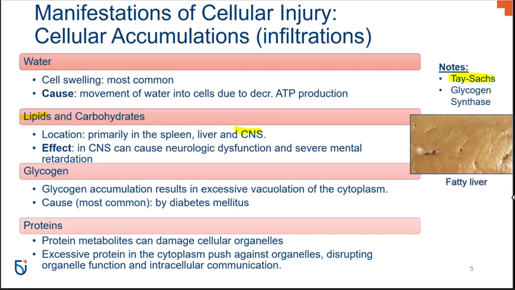People that have this condition, they lack a very specific enzyme that breaks down glycolipids. And because they're lacking this enzyme to break it down, and the lipids can't break down, they accumulate and cause damage. Now, lipid accumulation in the cell can also lead to excessive vacuolation within the cytoplasm, just like excessive water can.